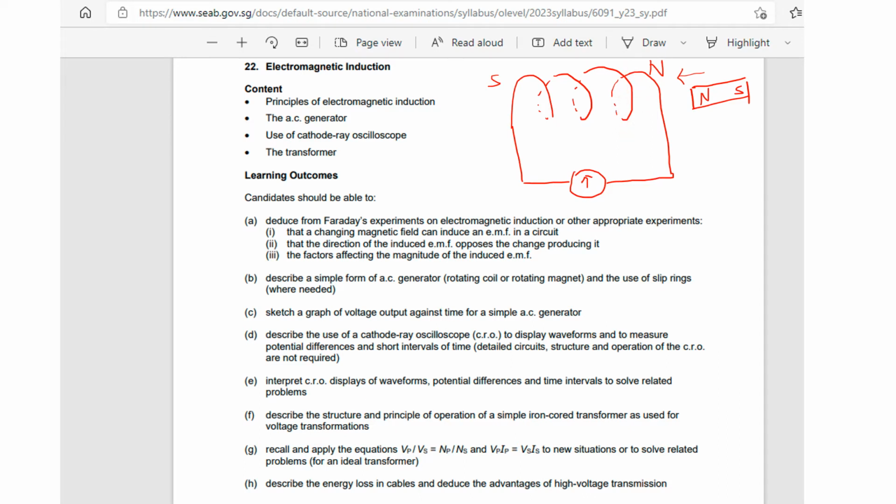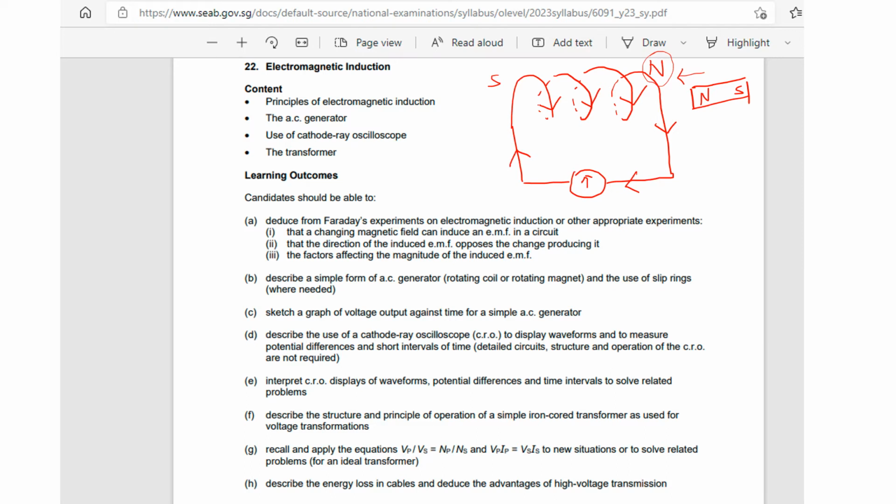This means that the induced current is in this direction so as to create a north pole here. So now I know that the current is moving this way, it will go down and this way. So this is the direction of the current, based on the right hand grip rule.